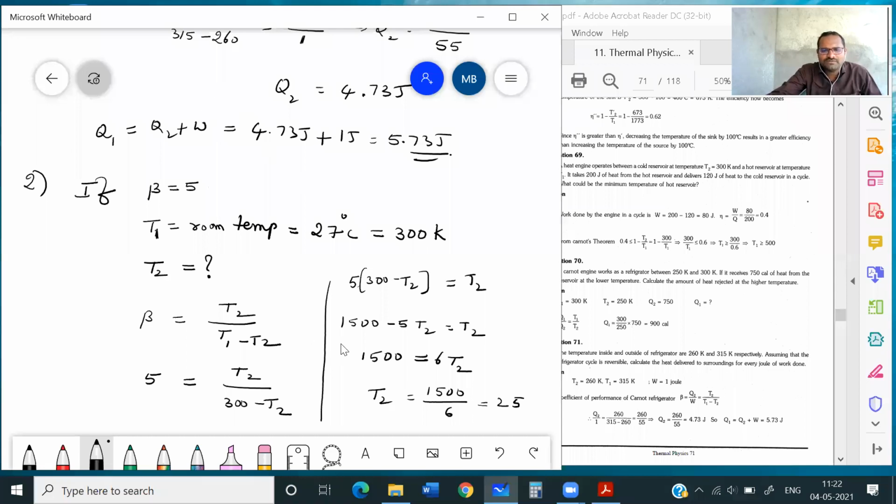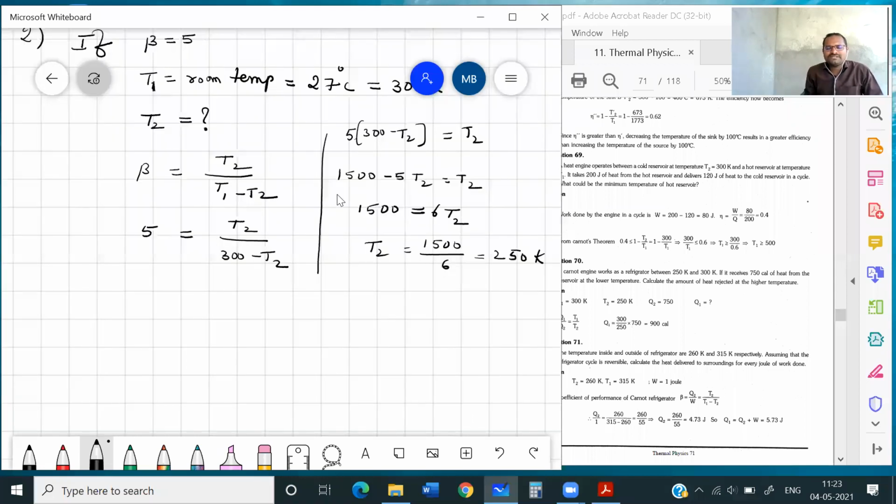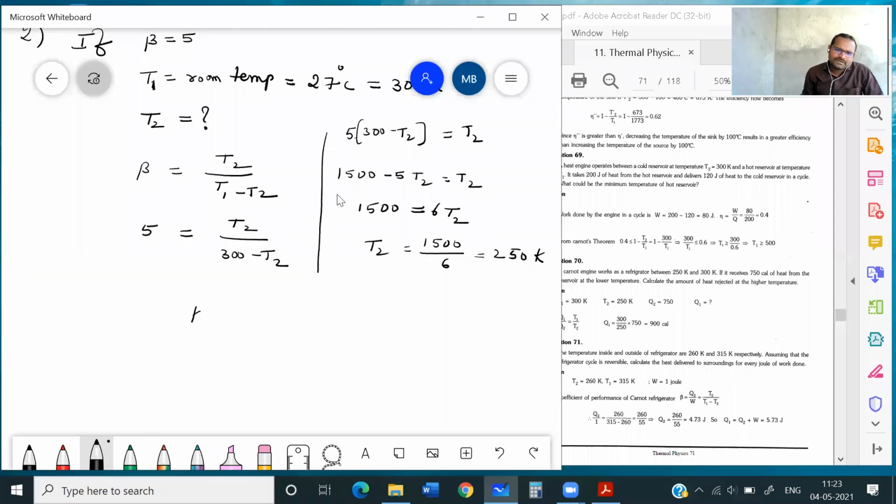250 Kelvin is equal to how much? We know the relation between Kelvin and centigrade: K minus 273 is equal to C. Clear? So 250 minus 273 is equal to C, which is minus 23.